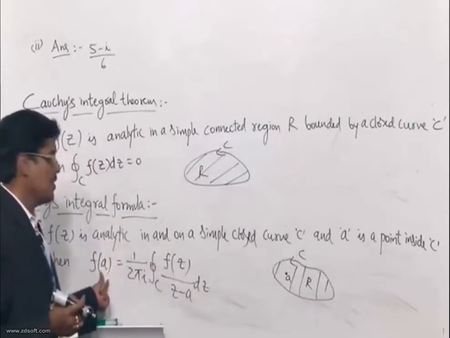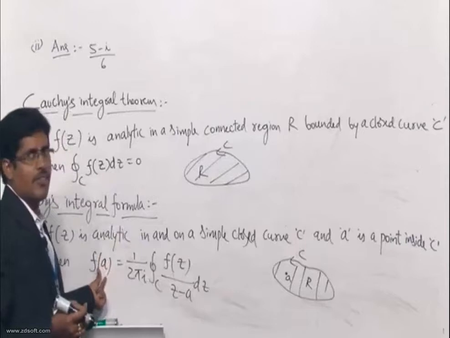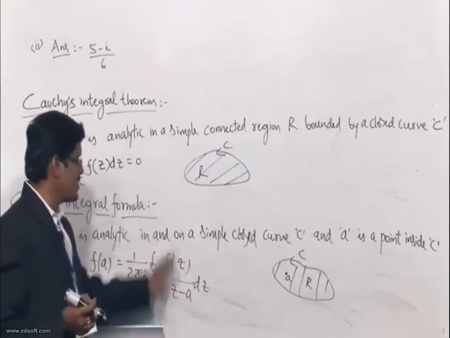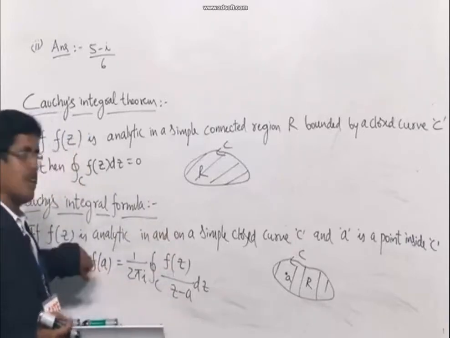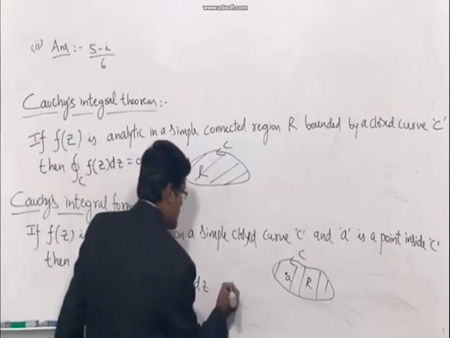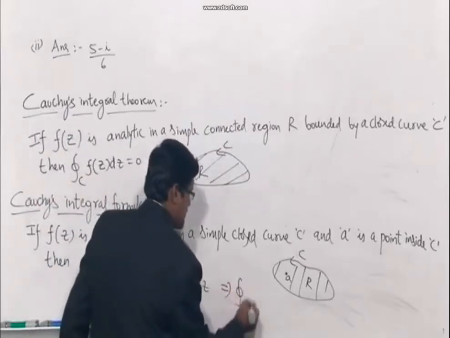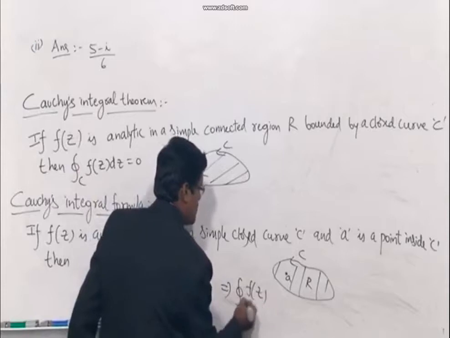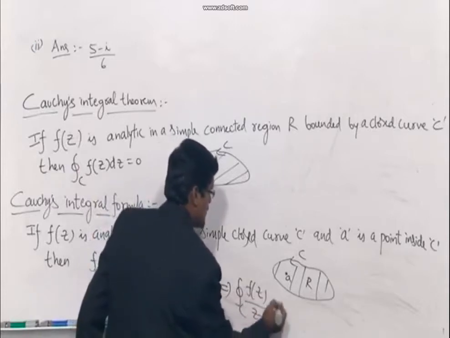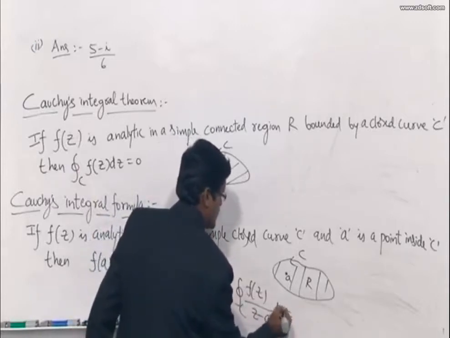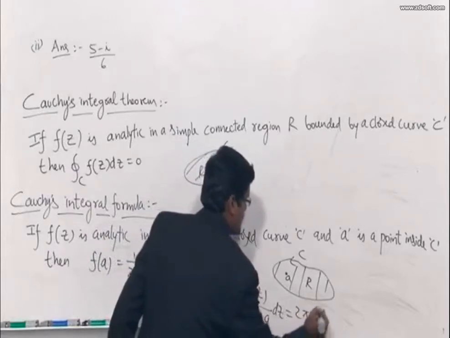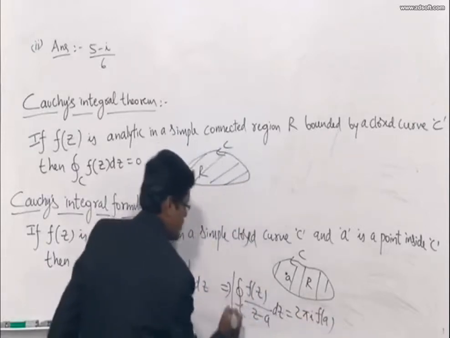But the question is not asked like this, find the value of f of A. The question asks to find this integration value. That means bring the 2 pi i to the other side. So this can be written as the integral over C of f of z by z minus a dz is equal to 2 pi i into f of A.